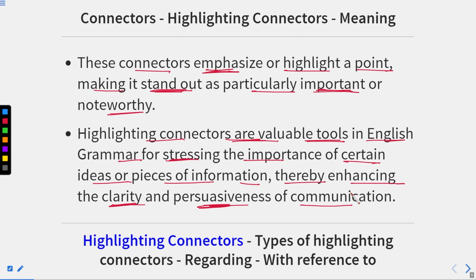You might write it in caps. So there are several ways to make something highlighted. Or in speaking, you can use that particular word many times, or use a highlighting connector to show that particular word, because you are telling about that particular word only, because that is the crucial part, or that is a word which is to be discussed.